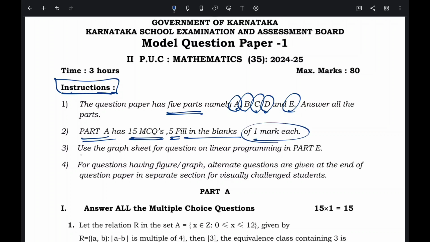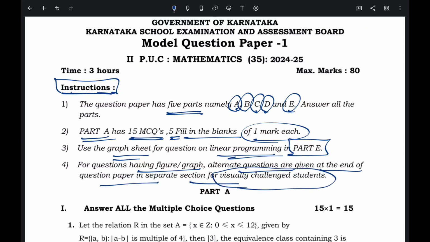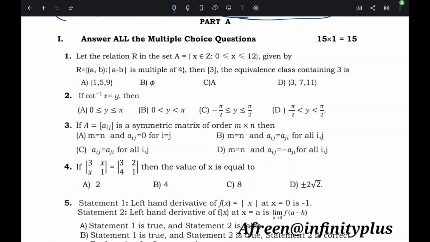Use of the graph sheet is for the question on the LPP in part E. For the questions having a figure or graph, alternate questions are given at the end of the question paper in a separate section. This is only for the visually challenged students. So you should be aware of these instructions before solving the questions.